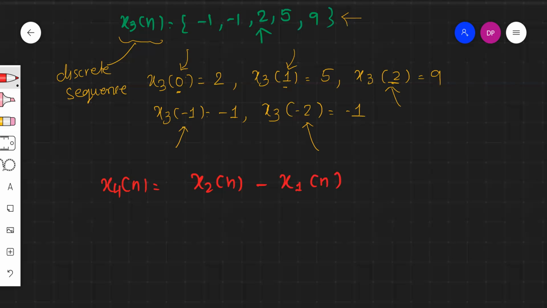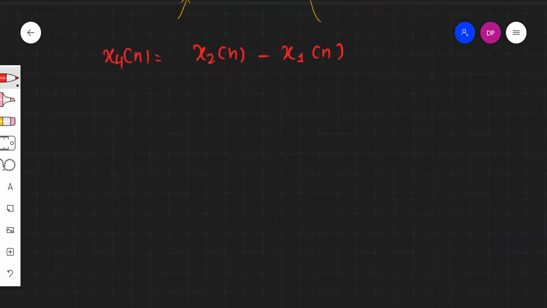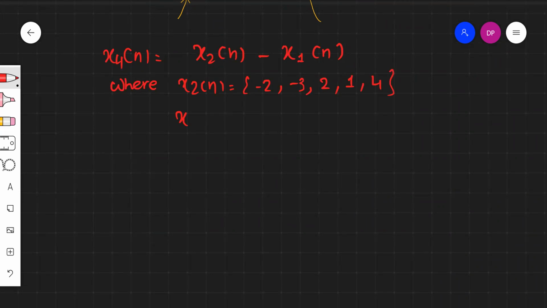Taking x2 of n, the values we had taken are -2, -3, 2, 1, 4, and the zeroth index was 2.